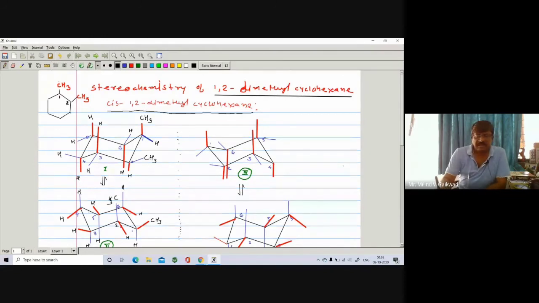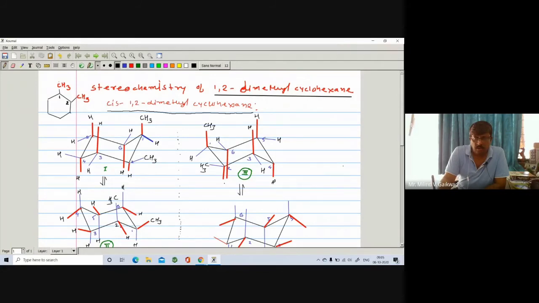Similarly, you can draw its mirror image. So here is the methyl on carbon number one, and on carbon number two it was equatorial, and the remaining valency is hydrogen. You just have to write the hydrogen on each carbon atom.